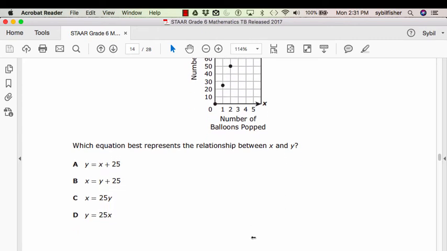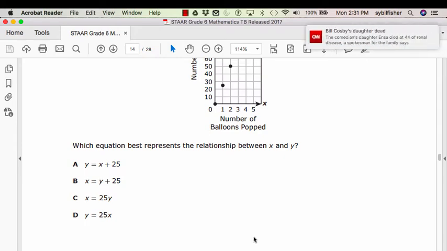Which equation best represents the relationship between X and Y? A. Y equals X plus 25. B. X equals Y plus 25. C. X equals 25Y. D. Y equals 25X.